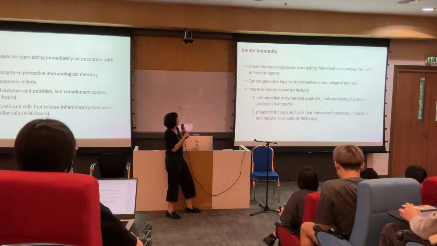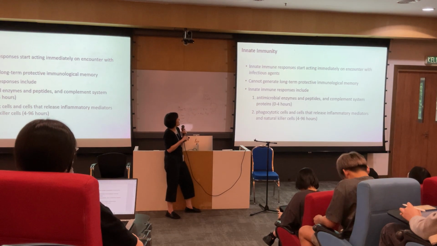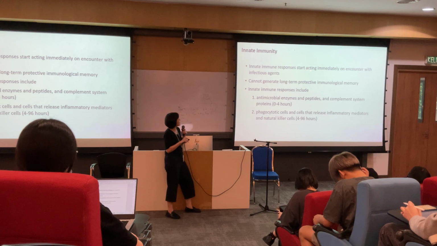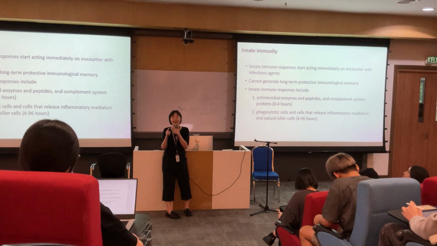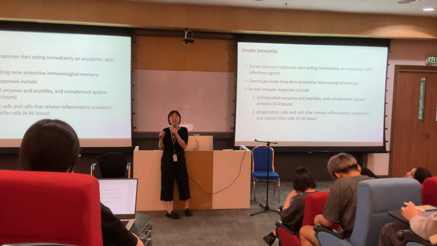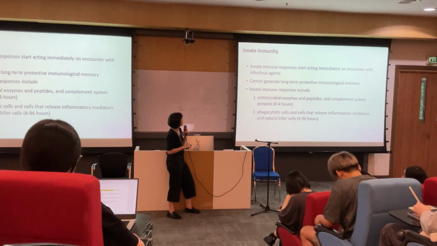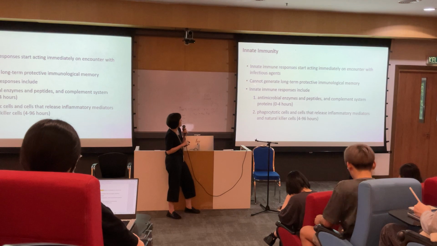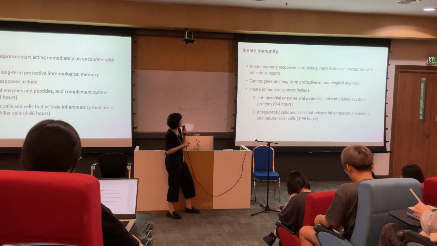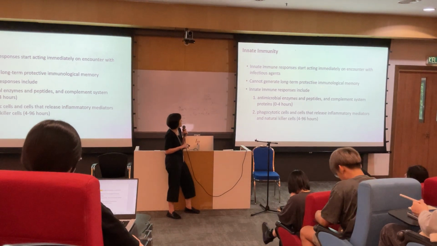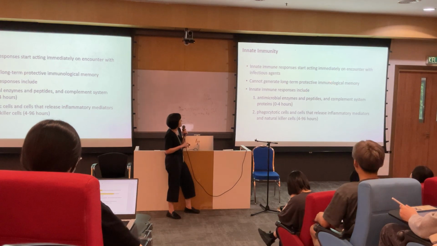So this innate immunity responds very fast, acting very fast. So it's considered our first line of defense. You must have heard about the first line of defense. It's actually referring to the innate immune response. And of course, unlike adaptive immunity that has long-term protection and memory, it cannot.